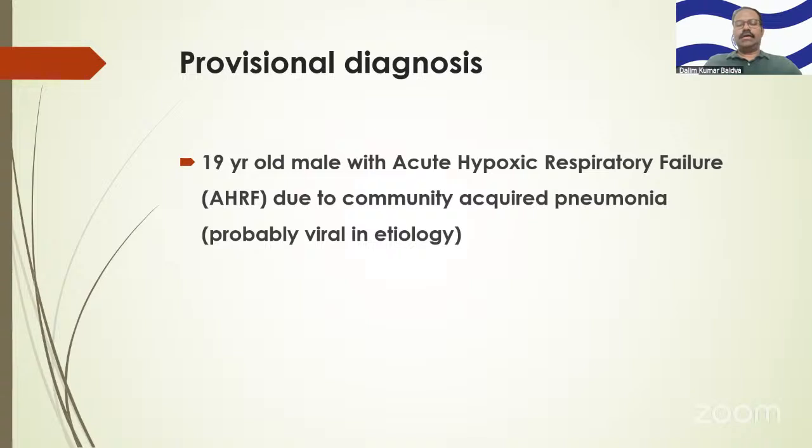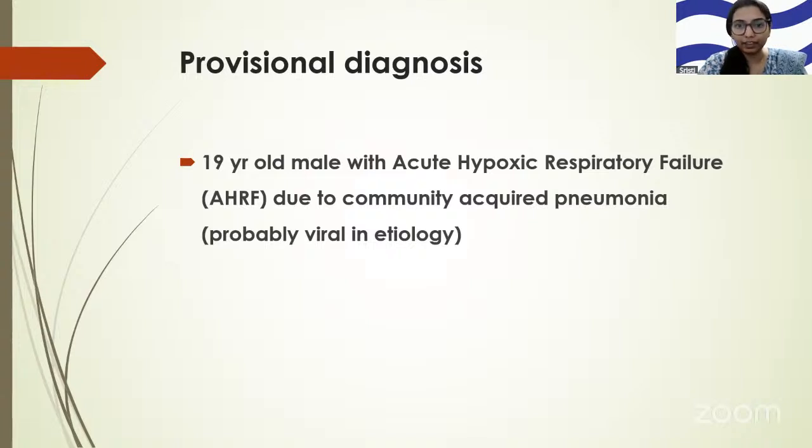So, is the data so far adequate to diagnose ARDS? What do you think? No, sir. Till now, we haven't ruled out any underlying cardiac cause. Moreover, we need to see the degree of hypoxemia with the help of PF ratio, which can be done with the blood gas analysis to classify the degree of hypoxemia and classify ARDS.